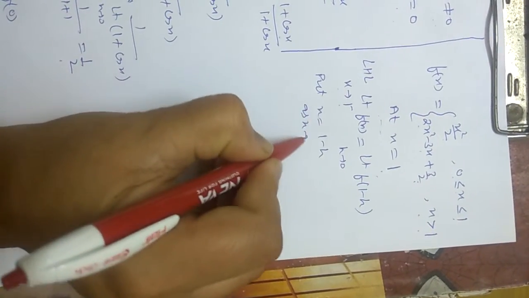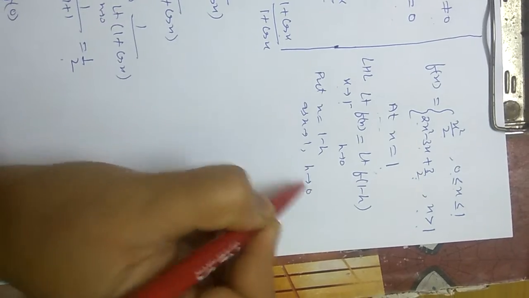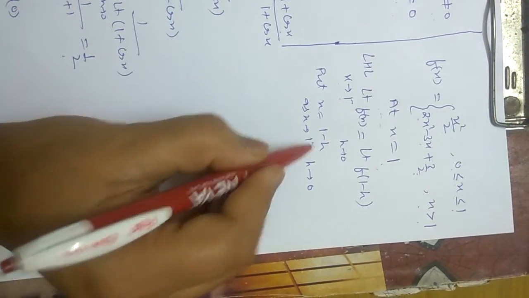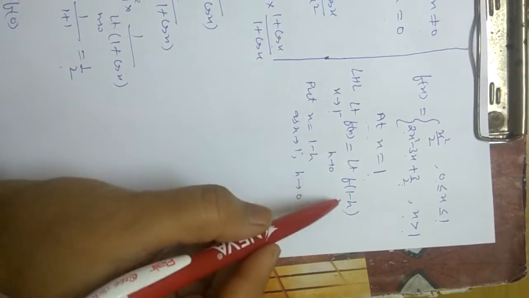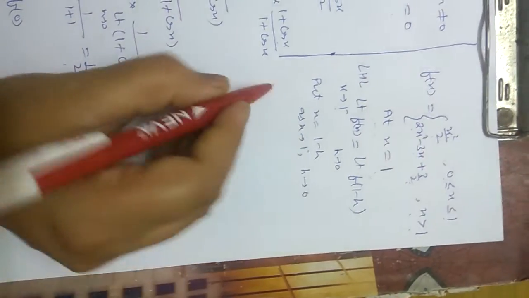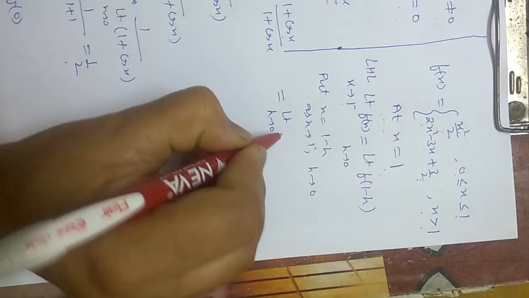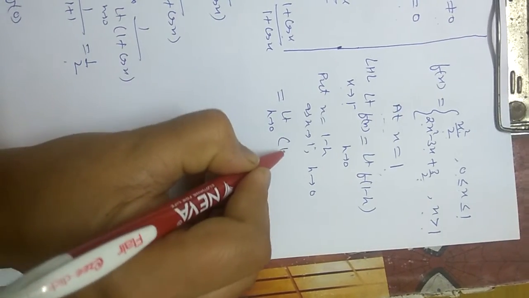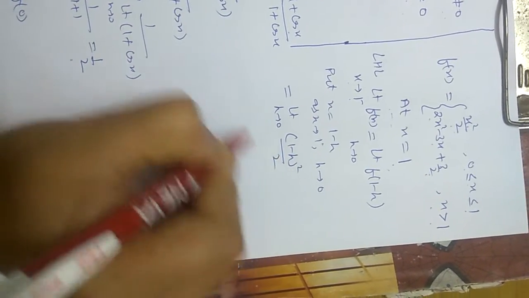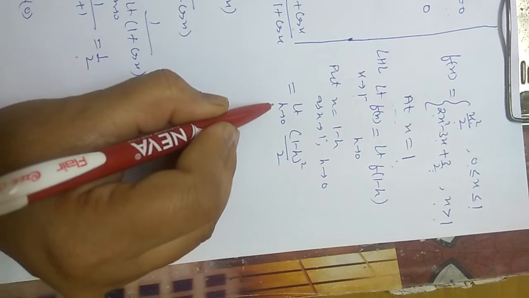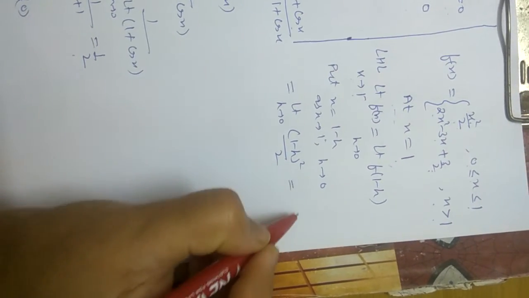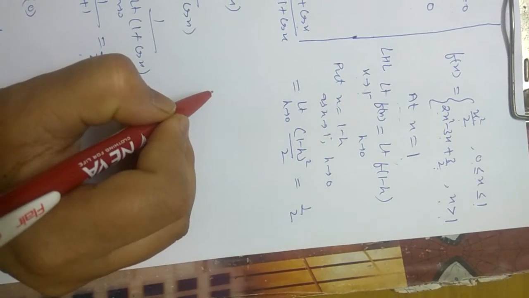And as x tends to 1, h tends to 0. And therefore, here the function is x square by 2, and therefore it becomes limit h tends to 0 (1 minus h) whole square by 2. And now substitute h is 0, it becomes 1 by 2.